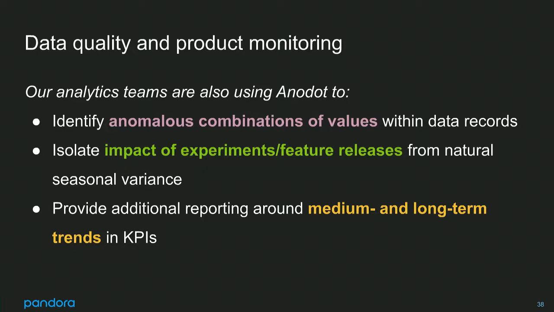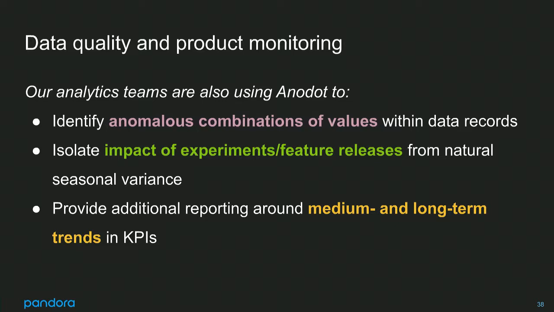Being able to look at and identify anomalous combinations of values. That would be basically something as simple as applying this tracking to different data tables, looking at the time series of event counts with multiple combinations of values, and seeing if there are any deviations in the frequency of particular event combinations. That is really helpful as core data quality monitoring.